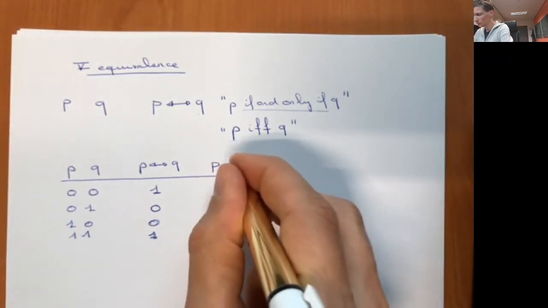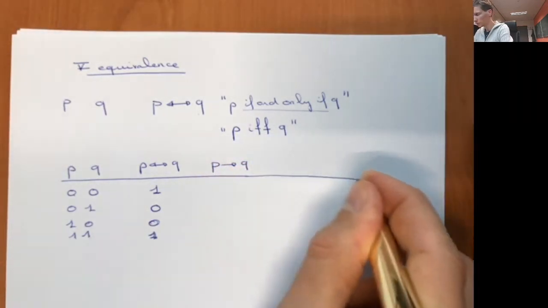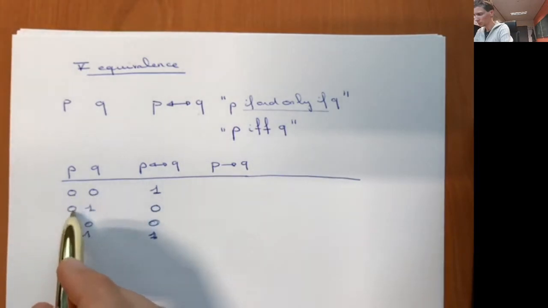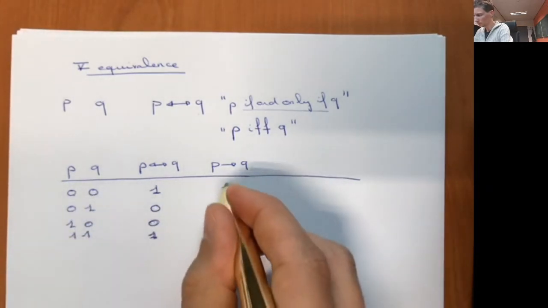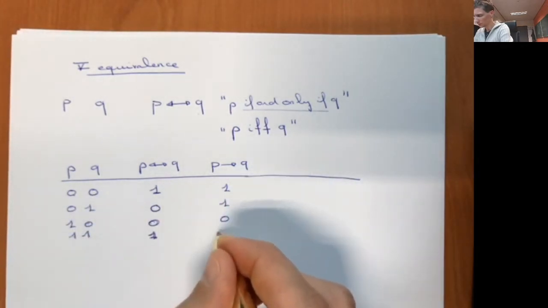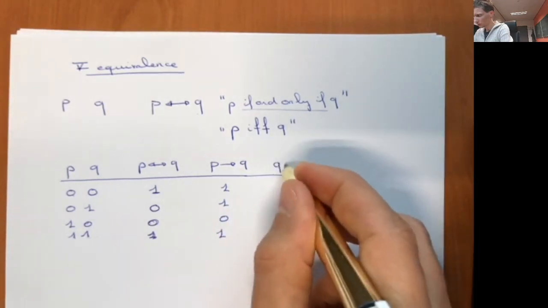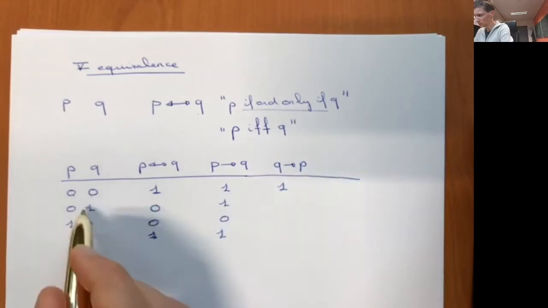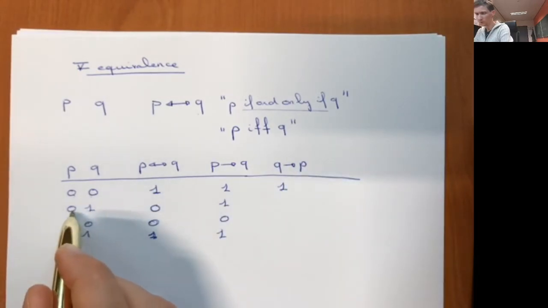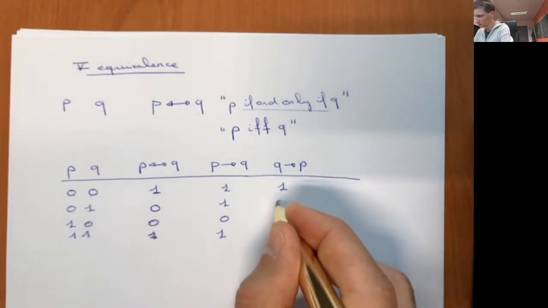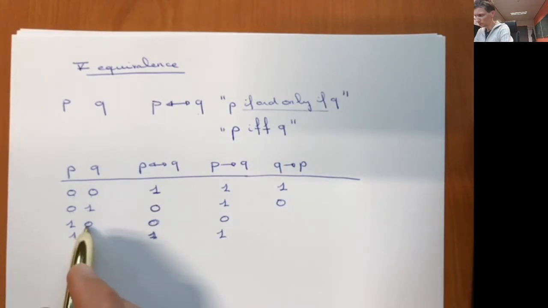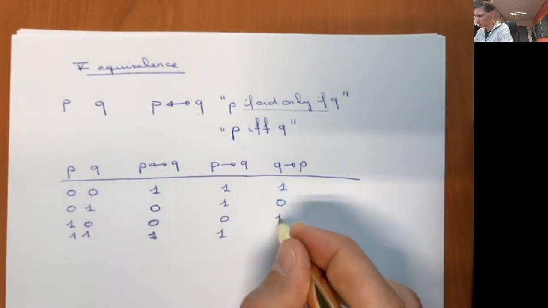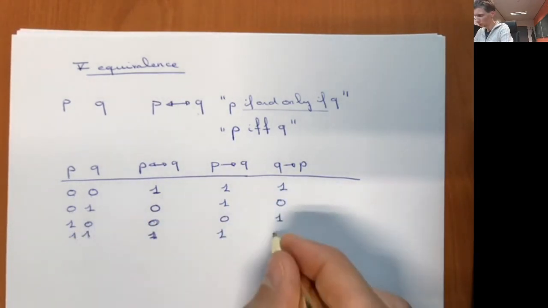So remember, we had P implies Q. We have 1, 1, 0, 1. If you look at Q implies P, so here we have 1, here we have 0. 1 implies 0 is false, right, so we have 0. Here Q is 0, so we have a 1, and here we have a 1.